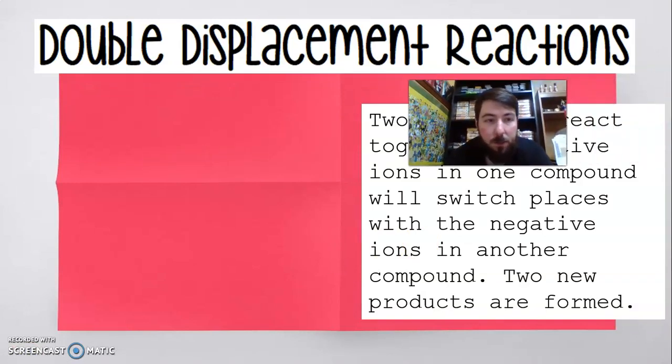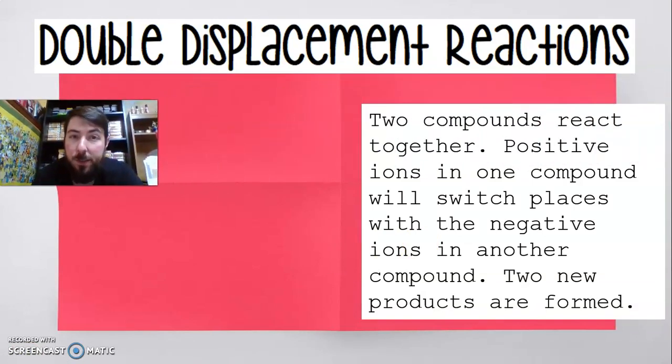The next one is called the double displacement or the double replacement reaction. And that's when we have 2 compounds and they're going to react with each other. And they're basically going to swap partners with each other. So say you had a couple of couples in high school that were dating one another.